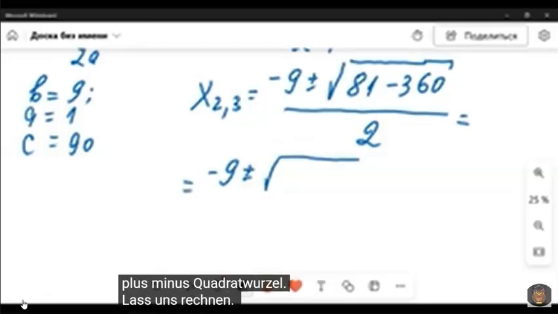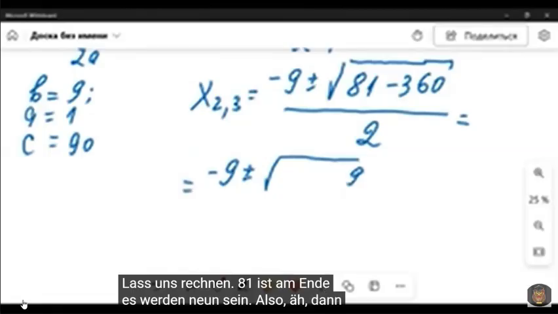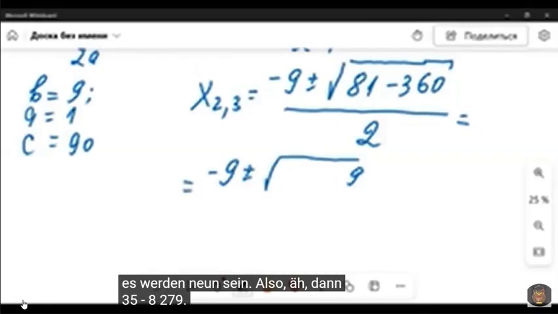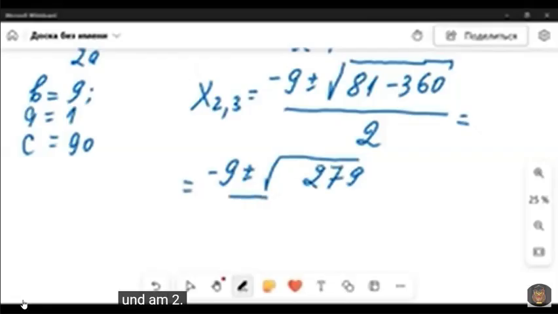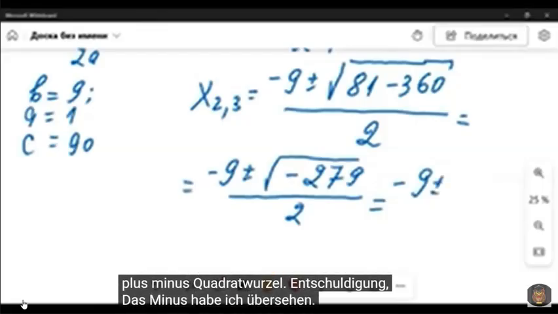Let's calculate. 81 minus 360 is minus 279, divided by 2. Equals minus 9 plus or minus the square root, sorry, I missed the minus.